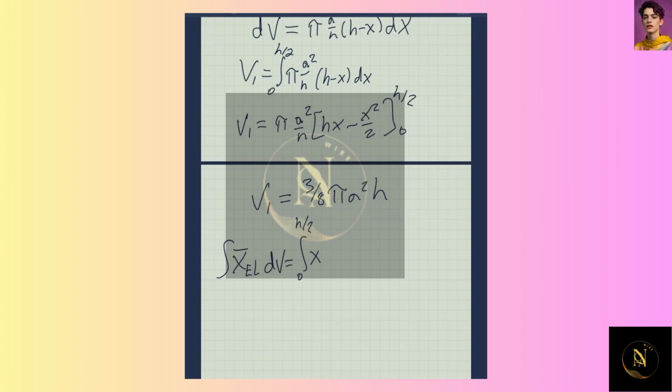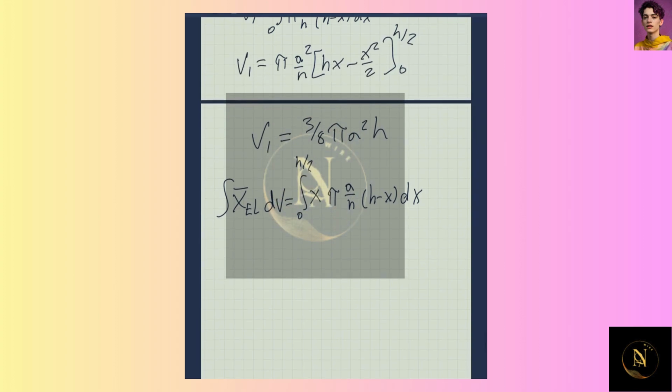And we can plug in x for the centroid of the differential element, because it'll continually move along with the disk at whatever value of x from 0 to h over 2. So we can just plug in x for that, and then we can plug in dv, which we solved for just a moment ago.